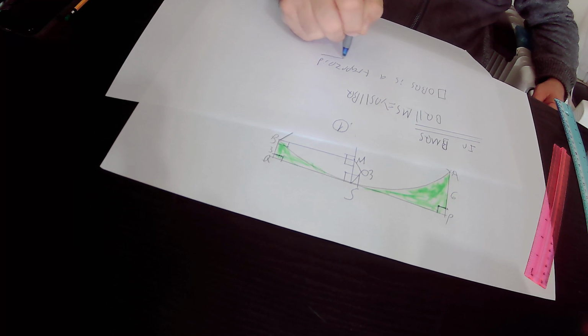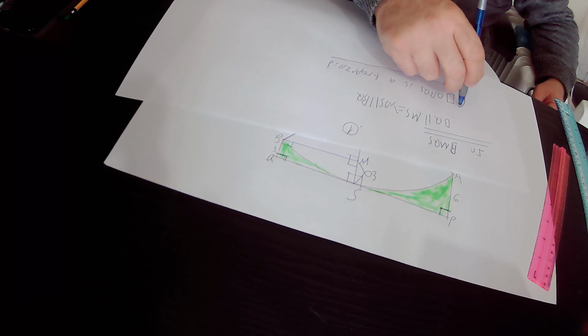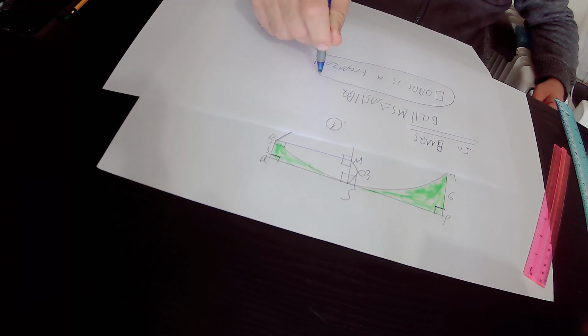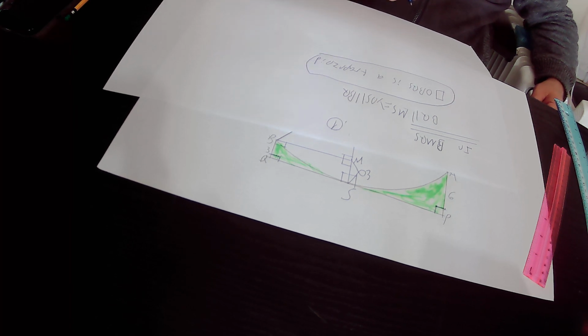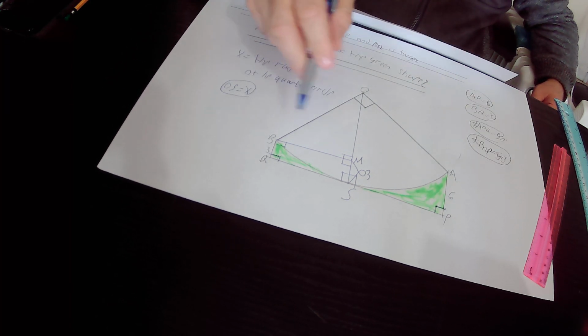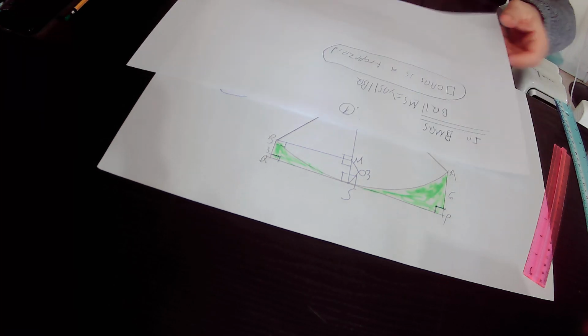Actually, the definition of a trapezoid is a quadrilateral that has one pair of parallel sides. And therefore, quadrilateral OBQS is a trapezoid.